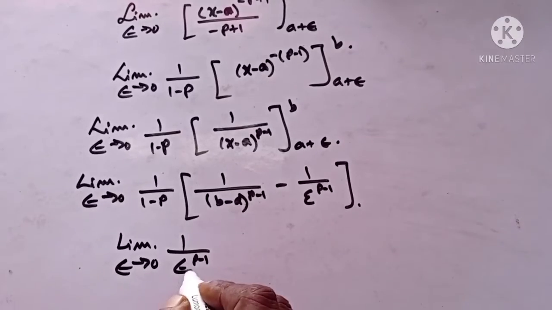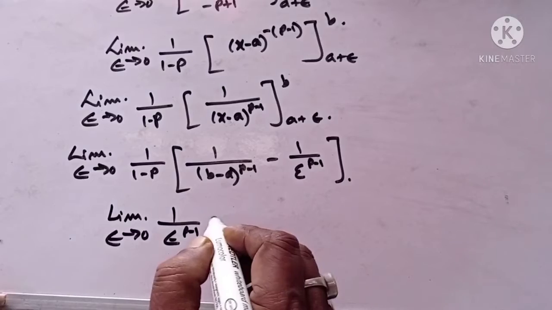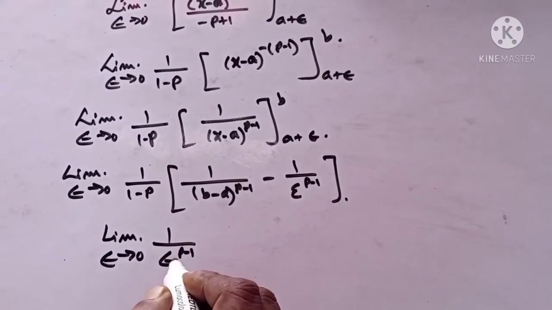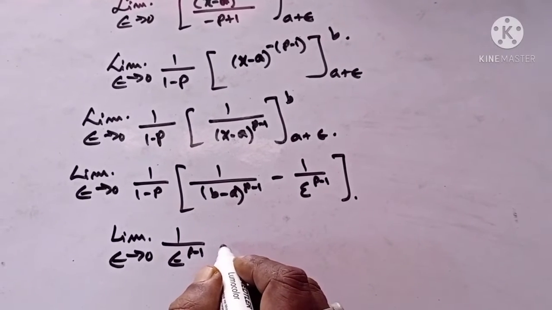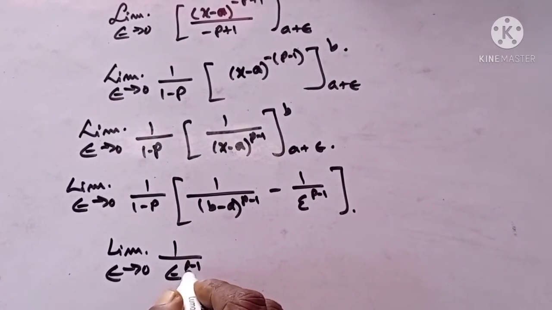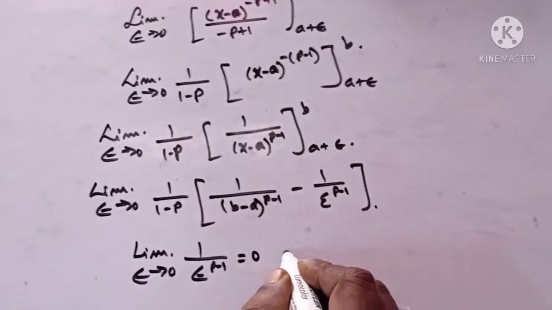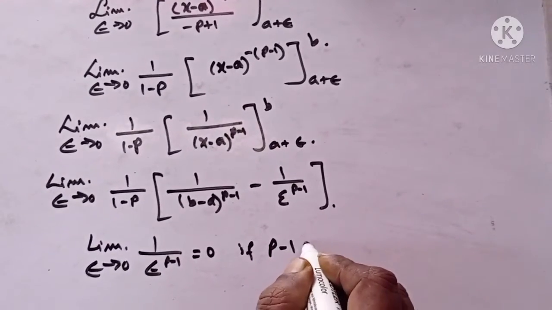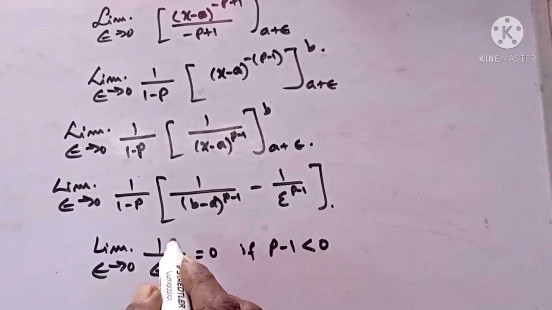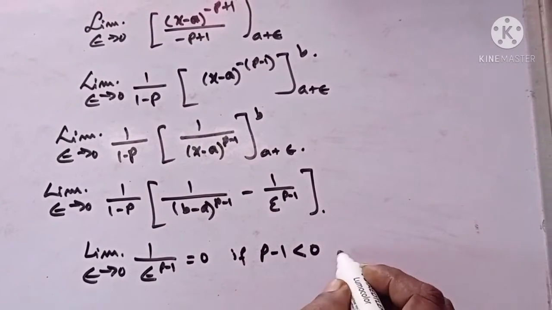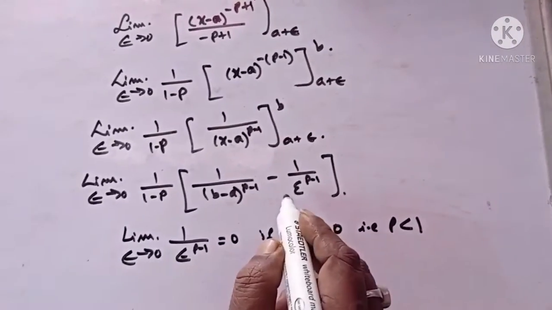If this is infinity, then your answer will be 0. This will be 0 if p minus 1 is less than 0. This will become negative, it will go to the numerator, and epsilon tends to 0, that will become 0, that is, p is less than 1, this becomes 0.